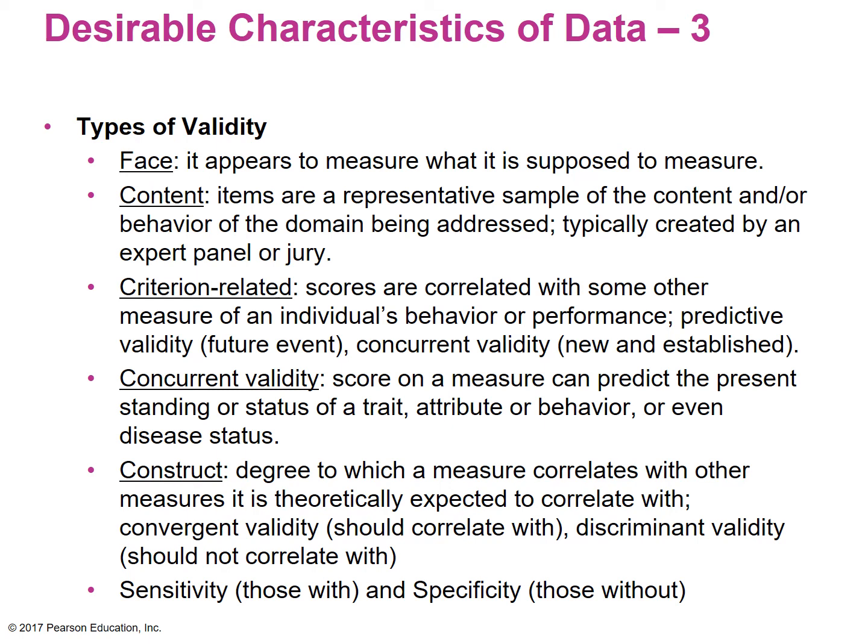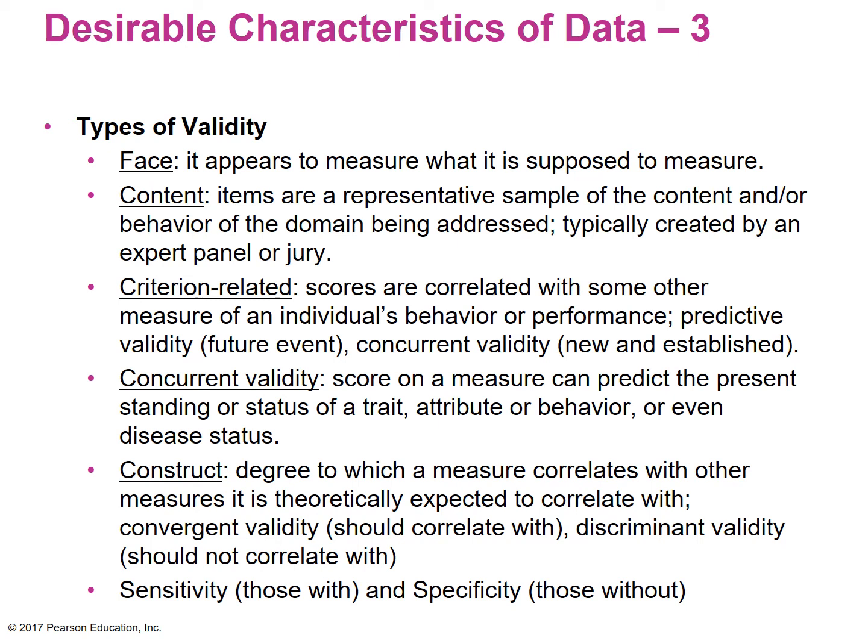So if we look at the bullet, it says sensitivity in parentheses, those with; specificity, those without. Again, go to the textbook, look at the example, and when they just talk about sensitivity, it's the ability of the instrument to detect positive cases. Okay, and specificity is the ability of the instrument to detect or discriminate for negative cases.